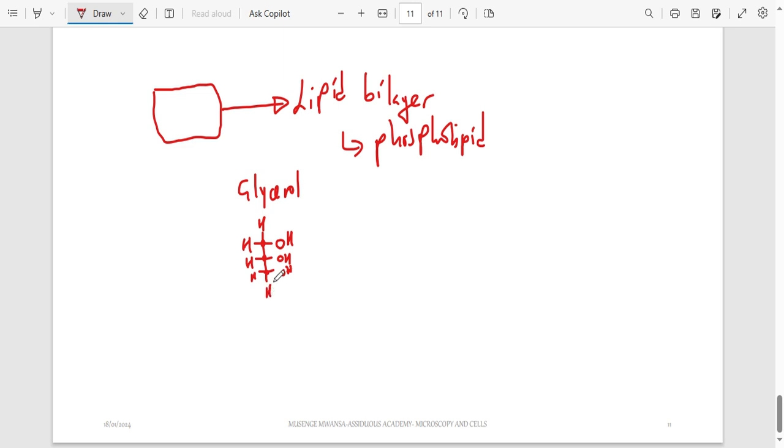This is glycerol. And then you have what is known as a fatty acid. A fatty acid is a molecule that will look like this. This zigzag, at every end, there is a carbon bonded to hydrogens. Carbon bonded to hydrogens. And then at the end, it has got this group: a double bond with oxygen and then OH. So this group here is known as a carboxylic acid functional group. So this is glycerol and this is a fatty acid.